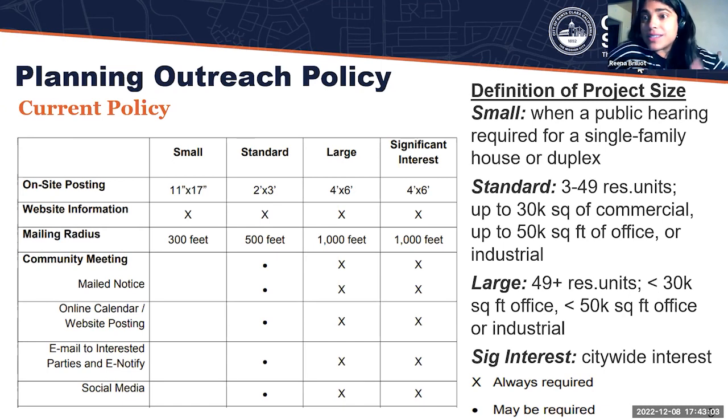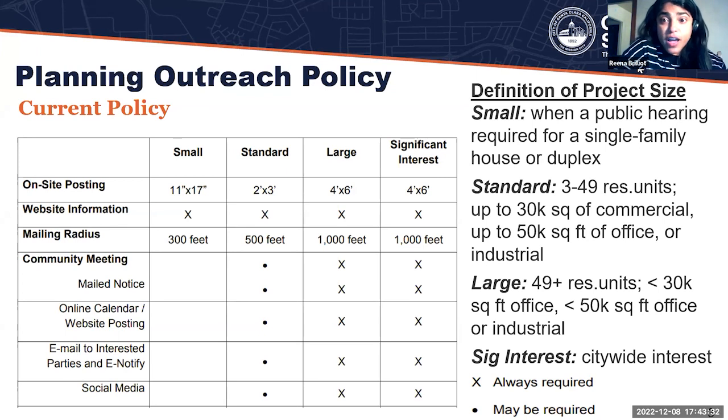And what you'll see with this table is that our current policy says the size of that posting, whether it's a small size or a larger size, is dependent on the size of the project. On the right-hand side of this slide, you will see the definitions of what a project size is. Small is when a public hearing is required for a single family house or a duplex.